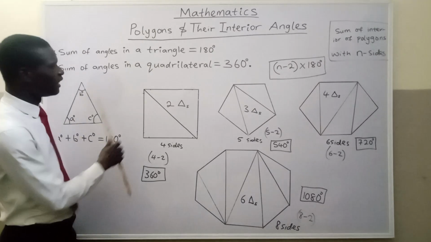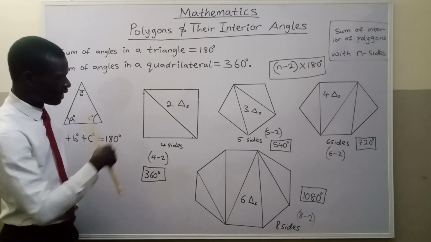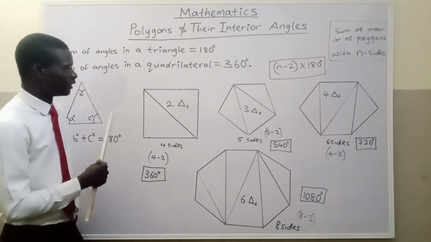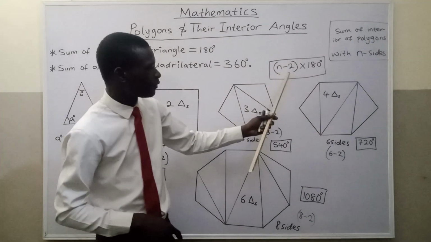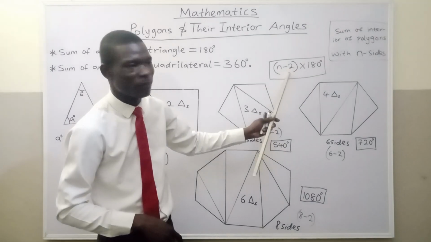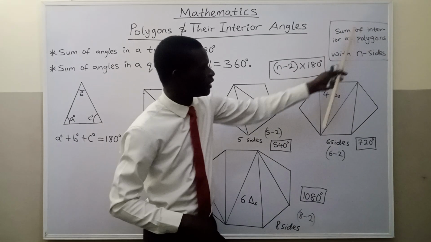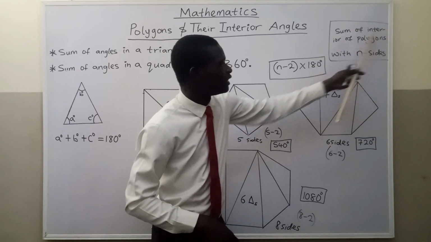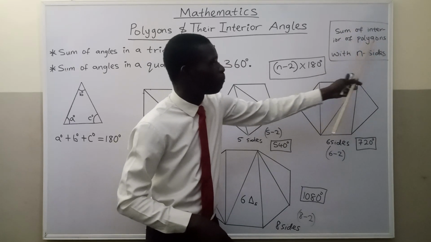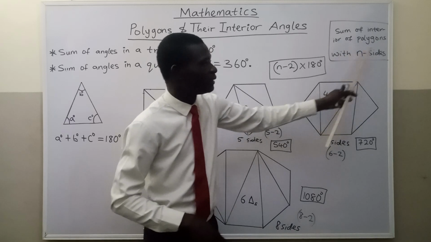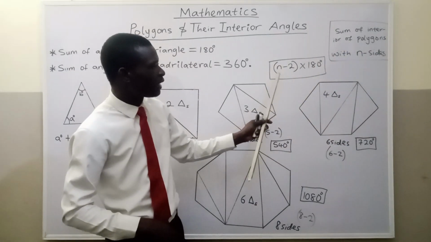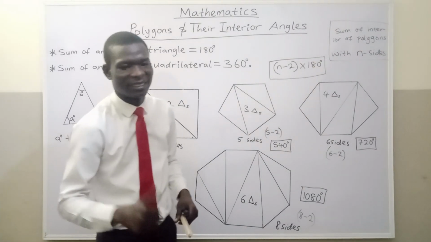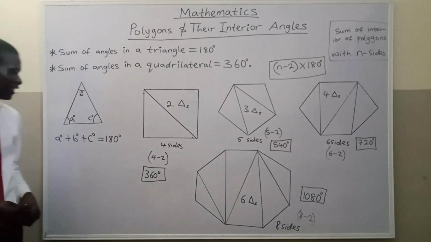So I hope with this little project and escapade of mine, you are able to see how this formula came about. Sum of interior angles of polygons with n sides equals n minus 2 multiplied by 180 degrees. Thank you, and God bless you.